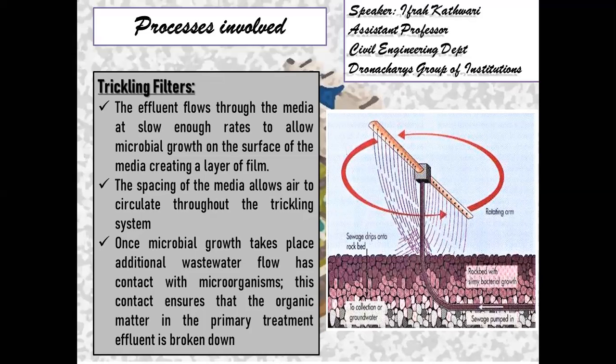Why is it slow? So as to allow microbial growth on this media, because when the water flows into the trickling filter, the organic matter forms a film over the filter media.